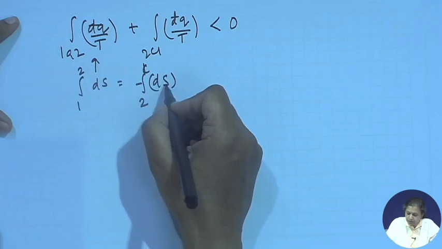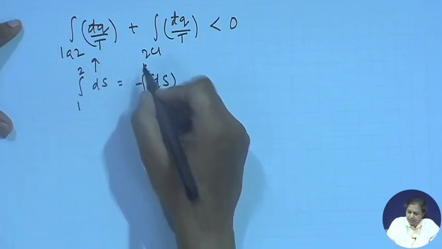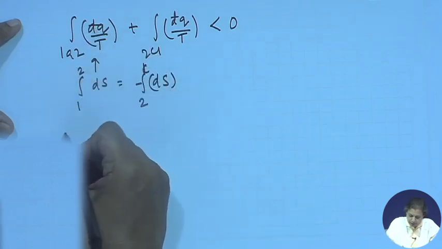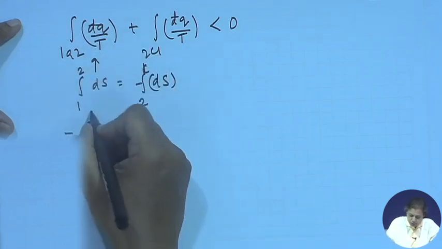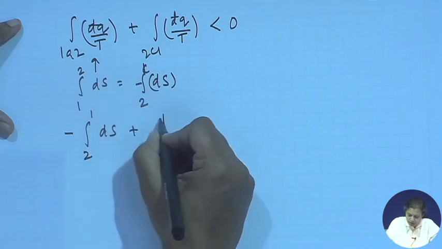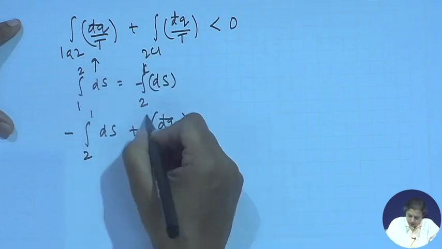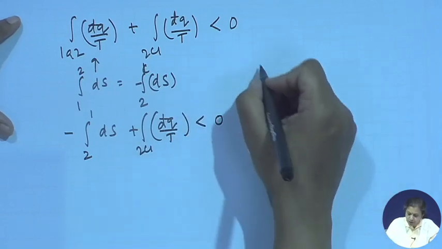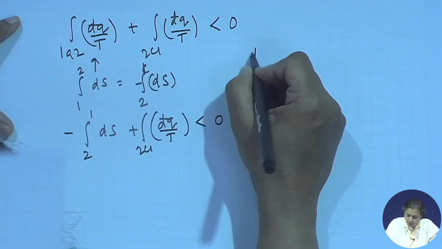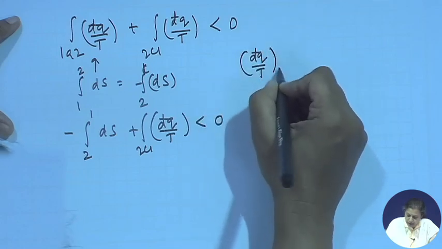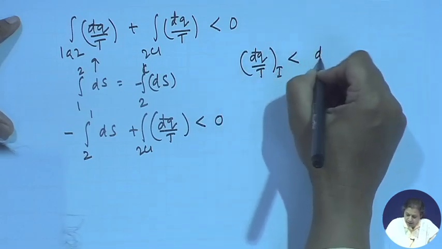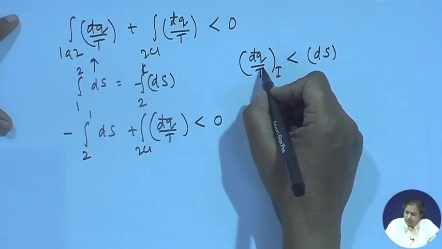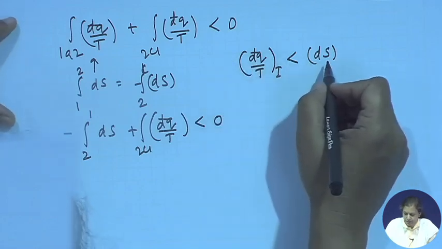Because ds depends just on the initial and final state and nothing else, instead of this term we can write integral 2 to 1 ds plus dq by T along 2C1, that is an irreversible process, is less than 0. In other words, dq by T for the irreversible process is less than ds for the same change in state of the system, from an initial state to the same final state.